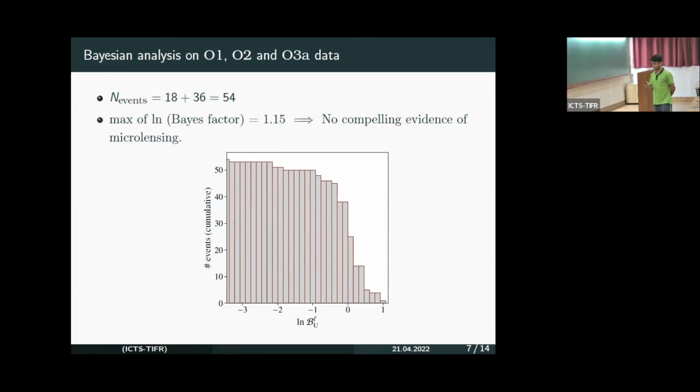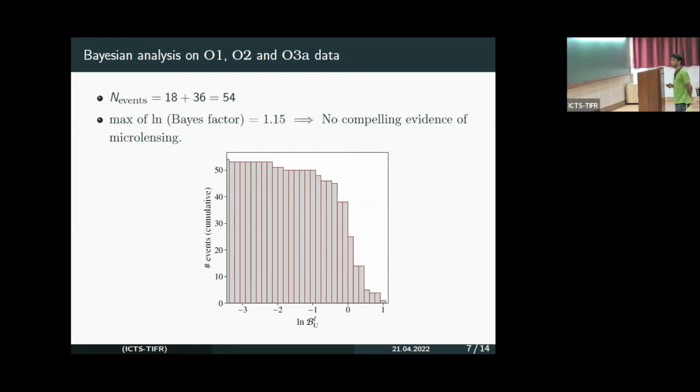So far in O1 and O2, we have 18 events that I showed you in the last slide. If you include 36 extra events from the next observing run, O3a, you have a total of 54 events. In the analysis of O3a, the maximum observed Bayes factor is 1.15 in ln Bayes.